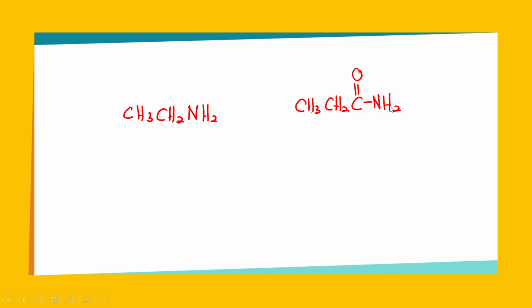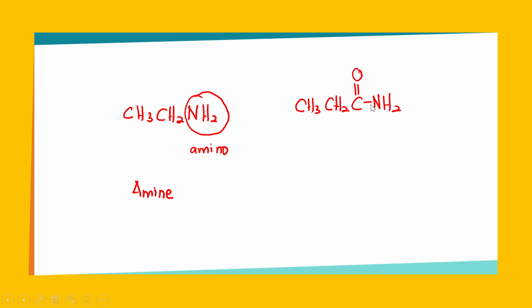The difference is this molecule has C double bond O in the middle, but this molecule does not. So because of that, for this molecule, the functional group is amino, and the class of the compound is amine.